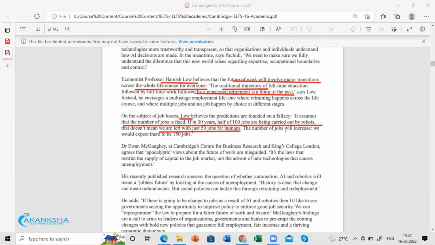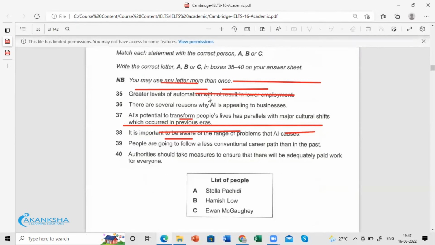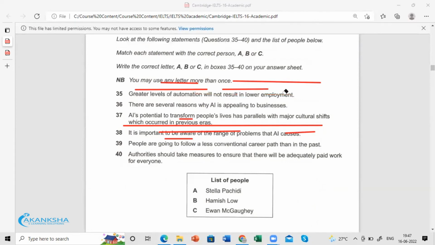The number of jobs will increase. There would be 150 jobs. So he's saying something interesting. So a greater level of automation will not result in lower employment. Yes, exactly, this is what he is trying to say.